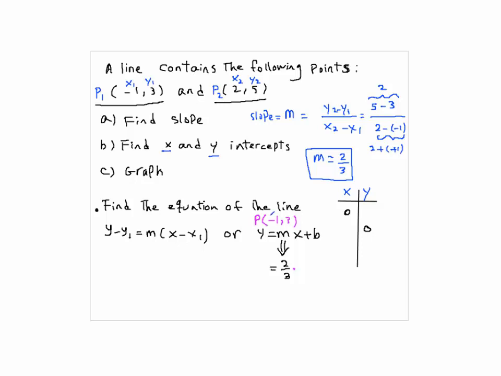This corresponds to the x, and this would correspond to the y. So if I substitute for each x -1 and substitute for each y 3, then you can quickly solve for y-intercept.